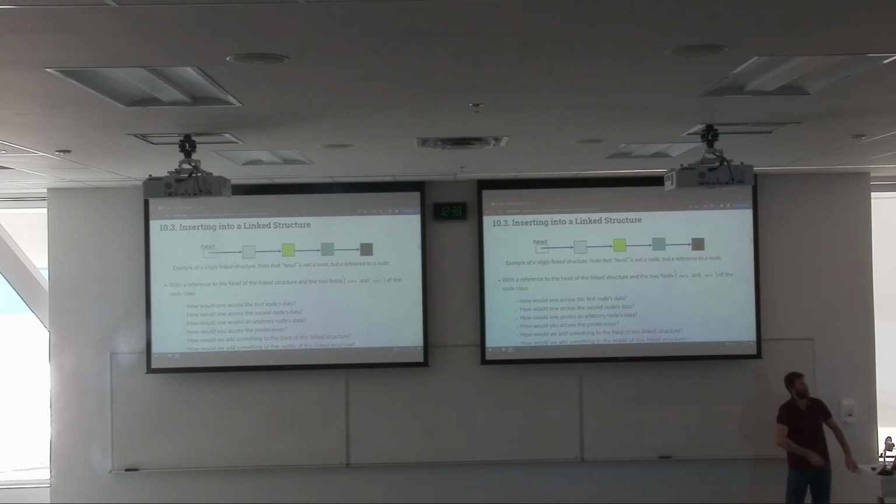But what is shown is a reference to its subsequent node. So head is a reference to that blue box. Head's next is the arrow that points to the green box. Head's next is the arrow that points to that teal or whatever color that is. And head's next is the black box.